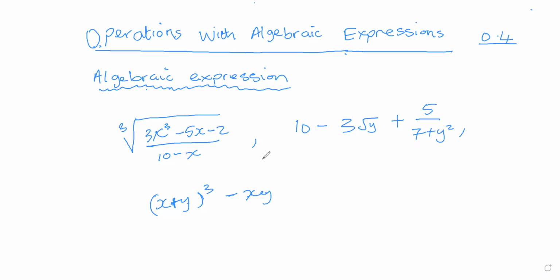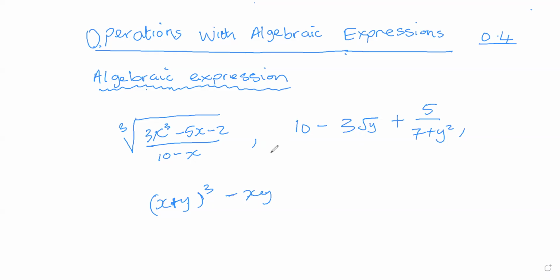So when numbers represented by symbols are combined using these operations, what we get as a result is called an algebraic expression.